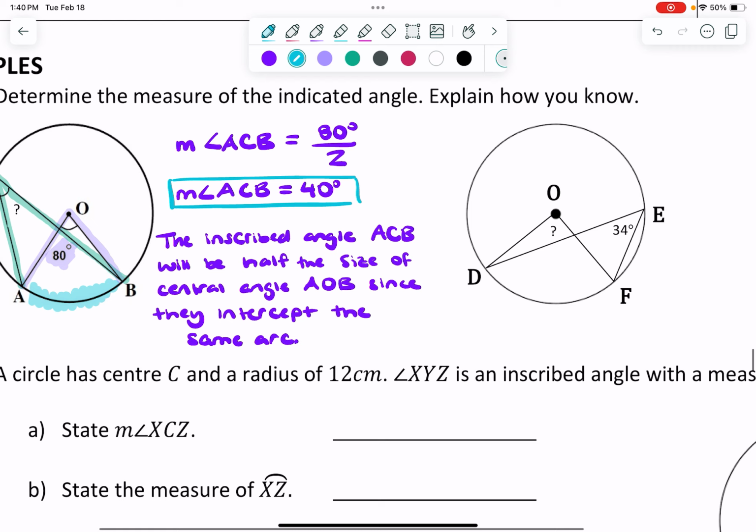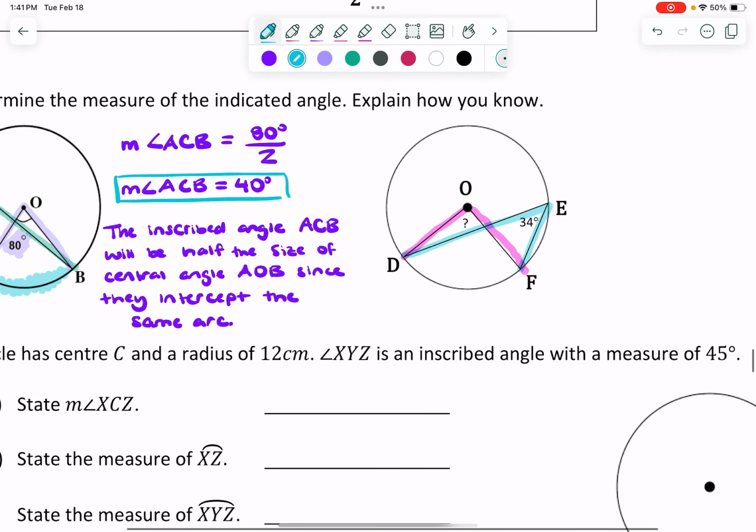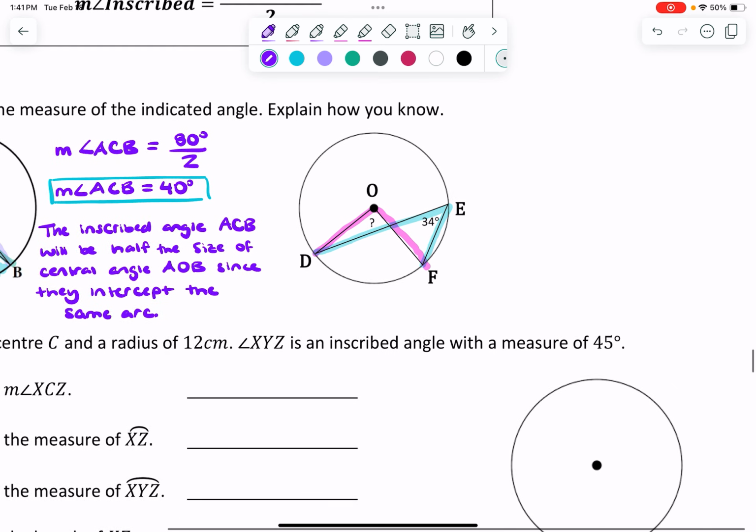All right. We are going to do similar things in the next example here. We're going to see what I have. I'm told the measure of angle DEF, which is an inscribed angle, and I want to find the measure of angle DOF, which is a central angle. And we know the relationship between inscribed and central angles that intercept the same arc.